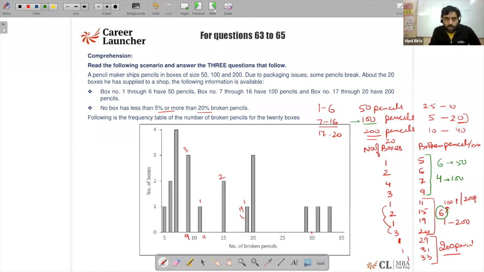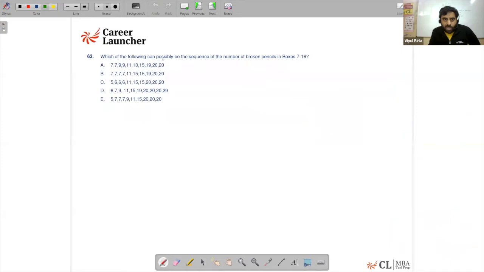So let's look at the options, because they are saying which of the following can possibly be. For option A, if I look at 7, 7, 9, 9, 11, 13, 15, 19, 20, 20. So 1, 2, 3, 4.